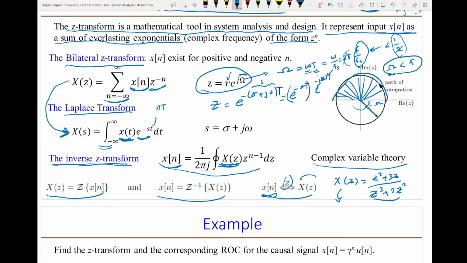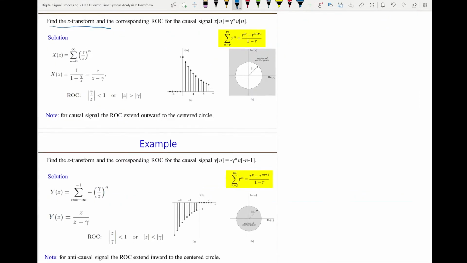So let's take an example to demonstrate how we calculate this summation. Find the Z transform and the corresponding region of convergence for this signal. x of n is gamma to the n times u of n. Let's follow the definition. X of z, if I plug in the value for x of n, that will be the sum from n equals minus infinity to infinity.